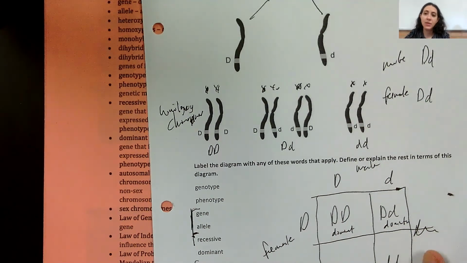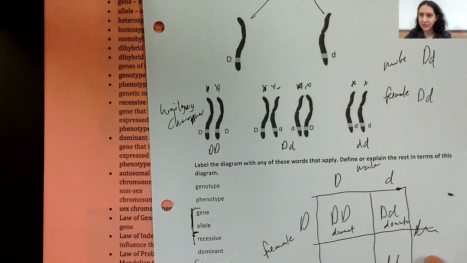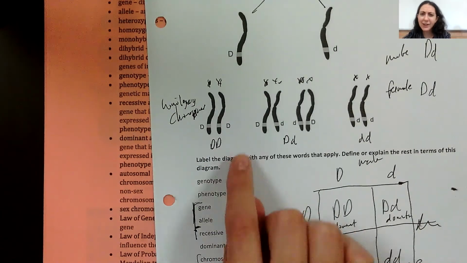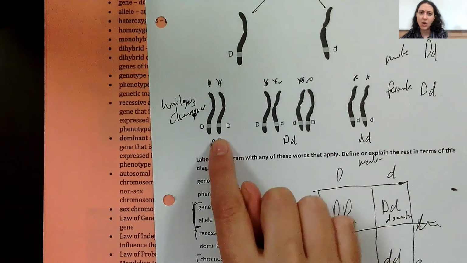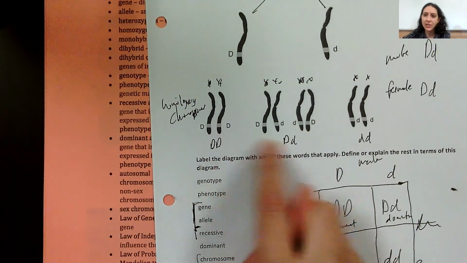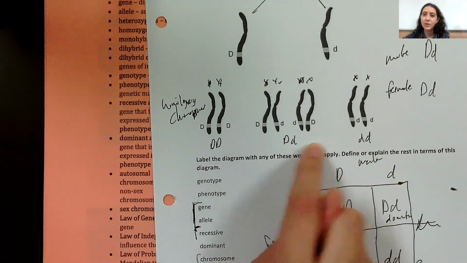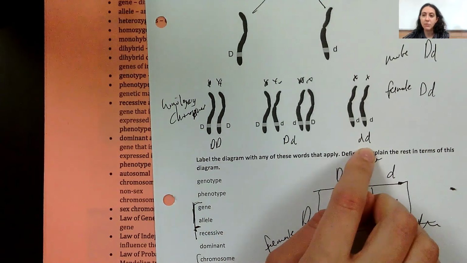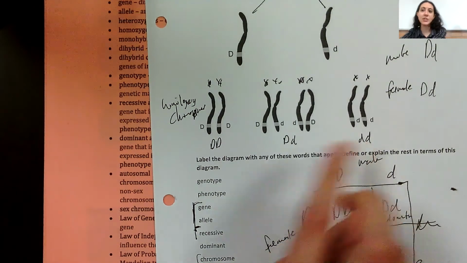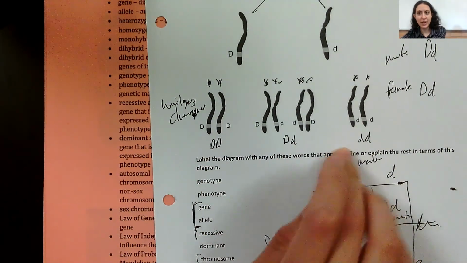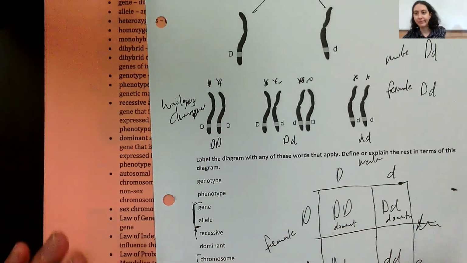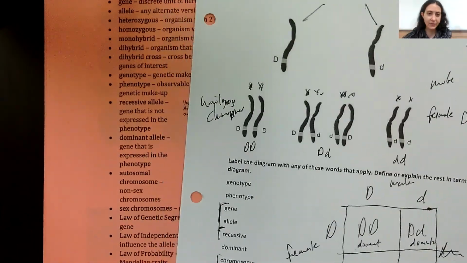Whereas the phenotype is what's actually expressed. We figured out that if this is a dominant trait, all three of these genotypes are going to produce the same phenotype. The homozygous recessive will produce a different phenotype. So there are actually three different genotypes, but only two phenotypes. That can make a little bit of a difference there.